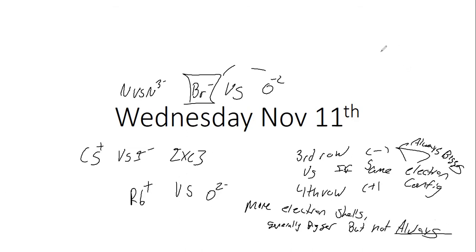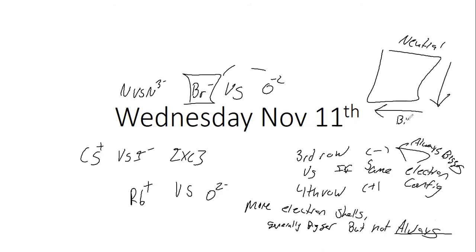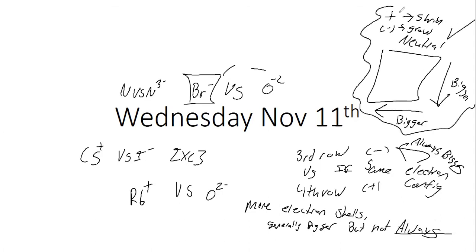And remember, the trend is for neutral atoms, as you go down and as you go left, you get bigger. When you become a positive ion, or cation, you shrink, and when you become an anion, you grow. These pieces of information are what we need to know.